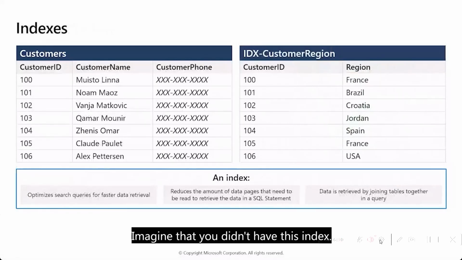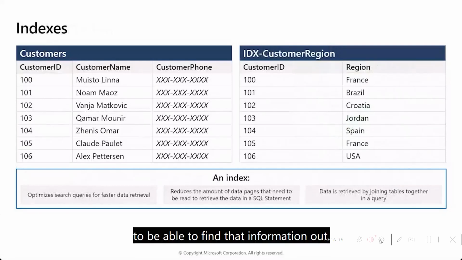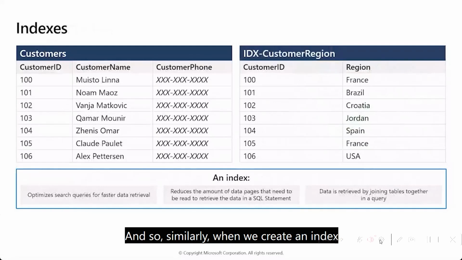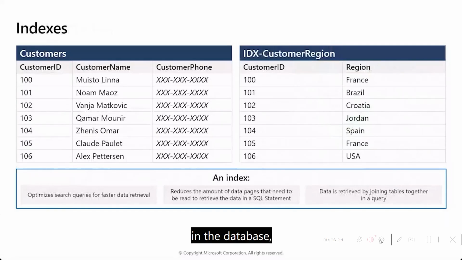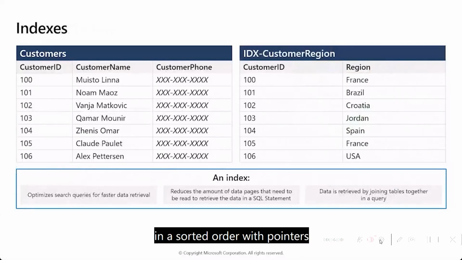Imagine that you didn't have this index. To find out about a particular topic or subject, you'd have to read through the entire book to find that information. And so similarly, when we create an index in the database, we specify a column from the table, where this index contains a copy of this data in a sorted order with pointers to the corresponding rows in the table.